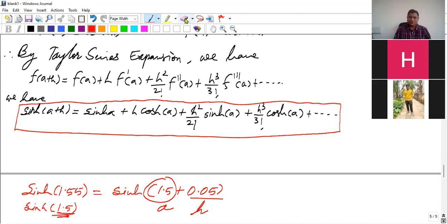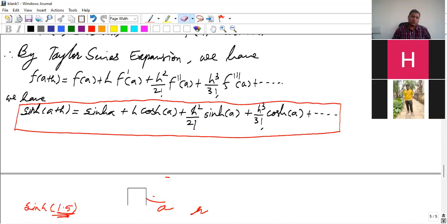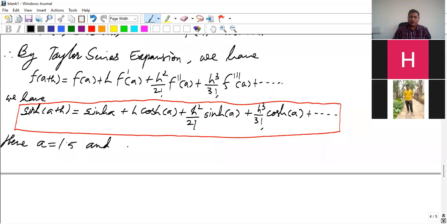Yes, sir. Okay. So once we know what is a and what is h, then we are able to put this value. Here a is equal to 1.5 and h is equal to 0.05.